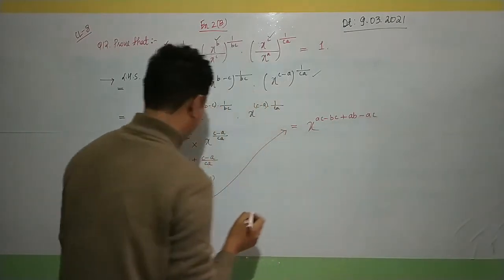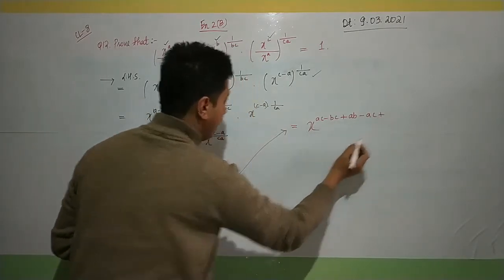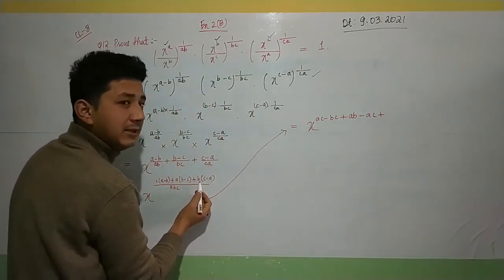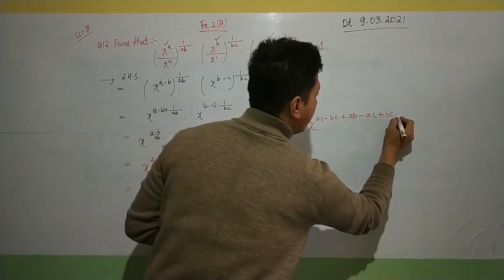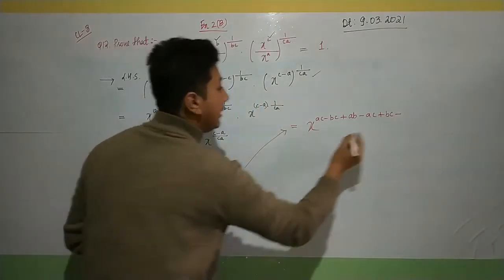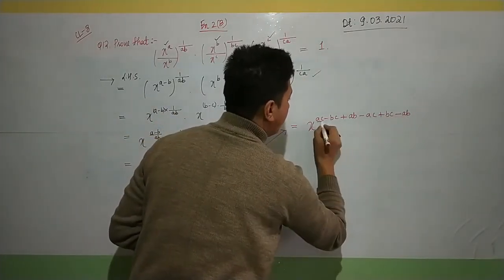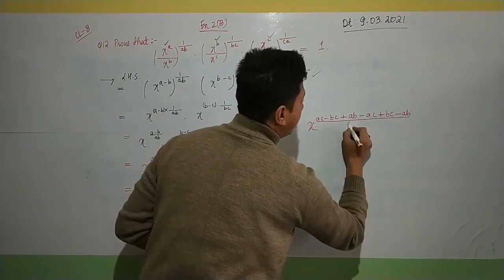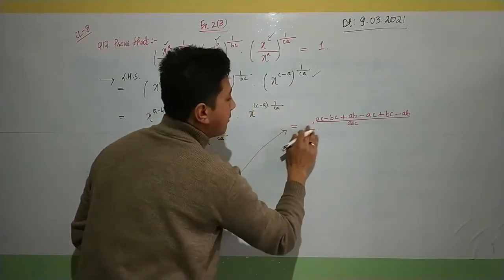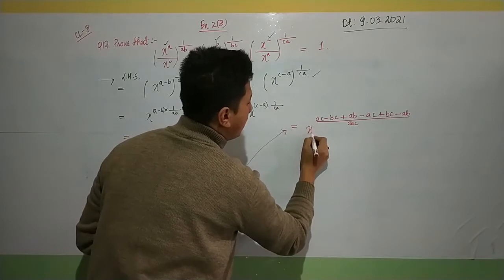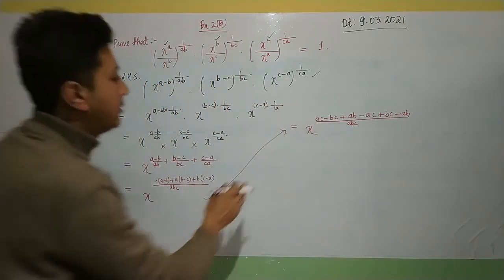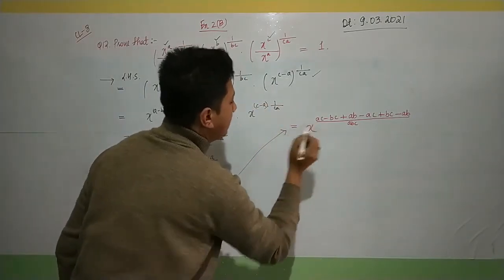Alright, and then plus again multiply with b, this becomes bc minus ab. And whole divided by abc. You need to write this right at the top, so make your x as big as you can.